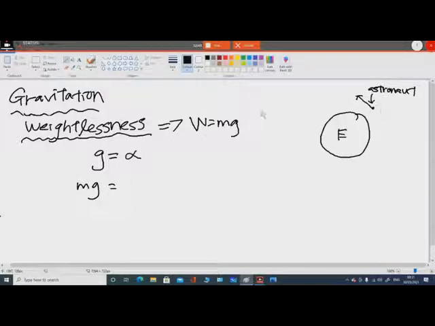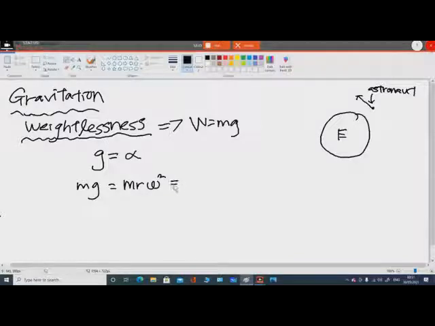When the astronaut is orbiting the Earth, his weight is converted to the centripetal force, the same as the satellite, as I explained just now. This weight is totally converted to the centripetal force.